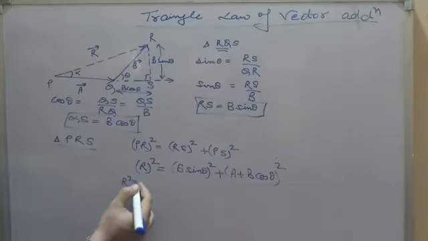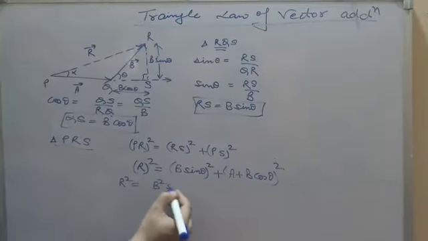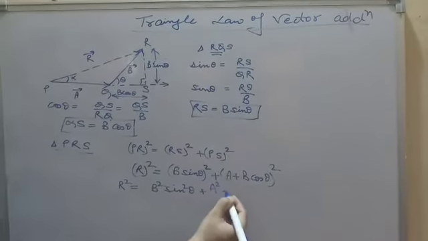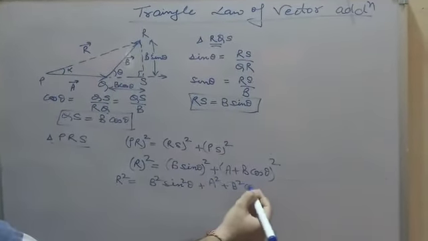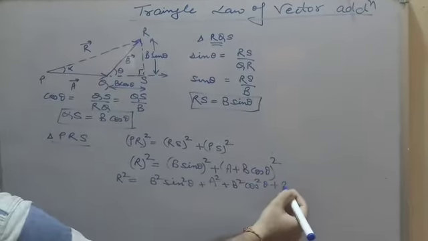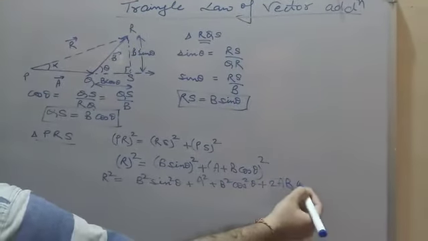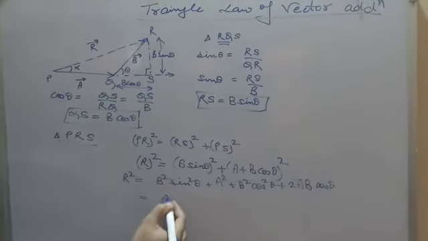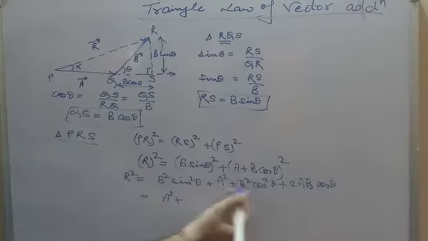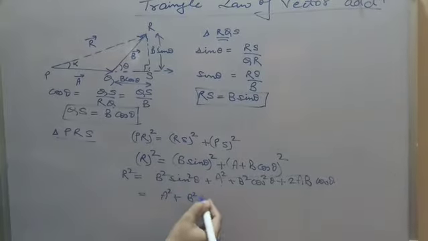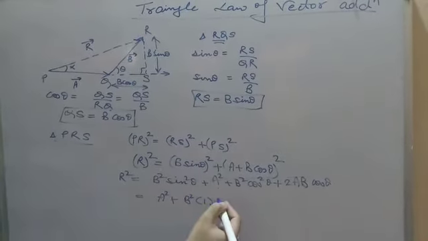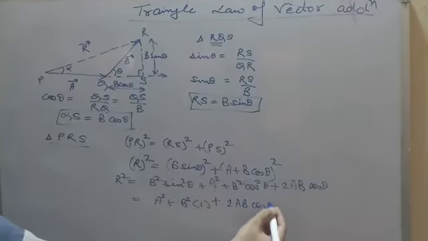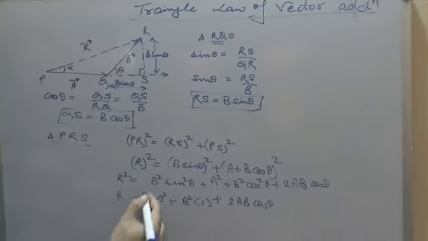So if you open the bracket, you get b square sine square theta plus A square plus b square cos square theta plus 2ab cos theta. So you write A square as it is, b square cos square plus b square sin square. So b square common, sin square plus cos square is 1, and here it is 2ab cos theta under root.